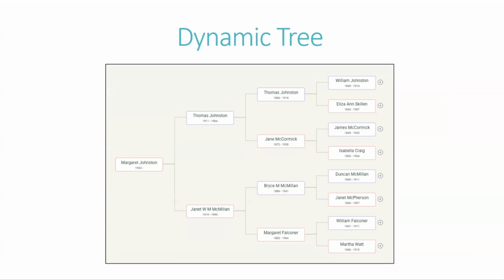It's not like it's your own account with your own little tree. It can go in all sorts of directions. And so this dynamic tree allows you to go in whatever direction you want and produce a tree that is tailored to your particular needs. But there's lots of other formats as well.